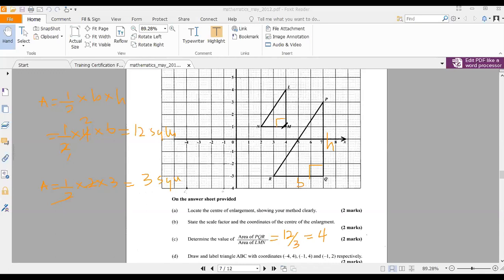The base is 1, 2, and the height is 1, 2, 3. So it'll be half times 2 times 3. 2 going into 2 gives me 1 time. You get 1 times 3, which gives you 3. Then the question asks, determine the value of the area of PQR over the element. So PQR is 12 over the element, which is 3. You divide and get 4. Follow? Yes, sir. Thanks.